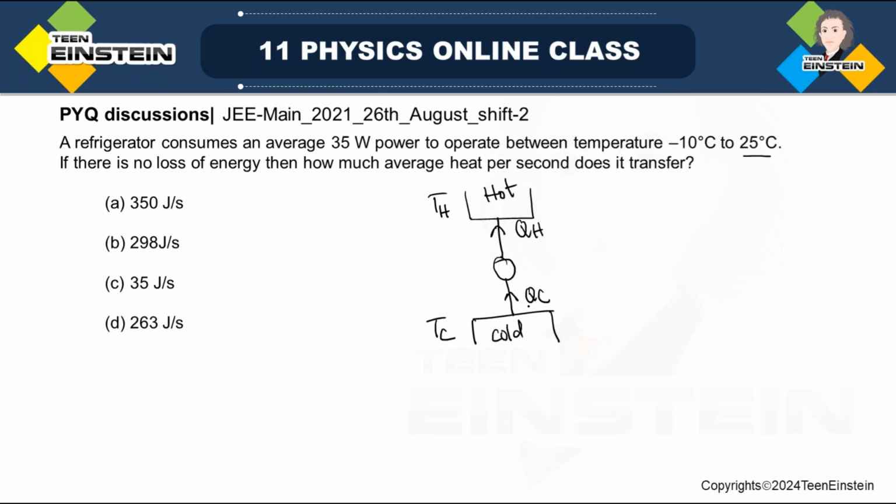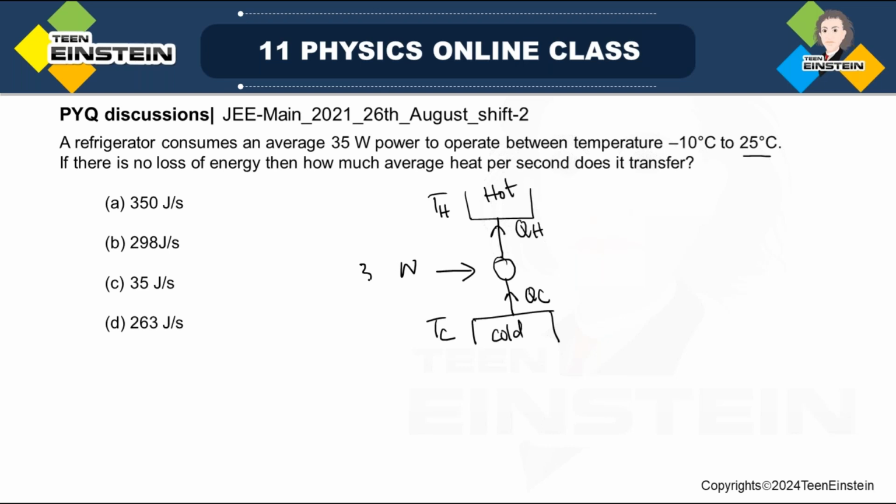So according to the second law of thermodynamics, it is possible only when some work is done on the refrigerator or some energy is supplied from external sources to the refrigerator, and that is given here, the average power.